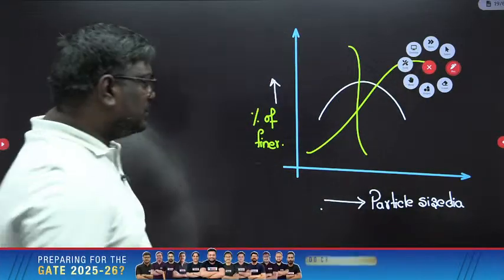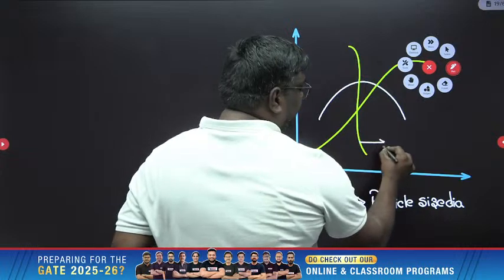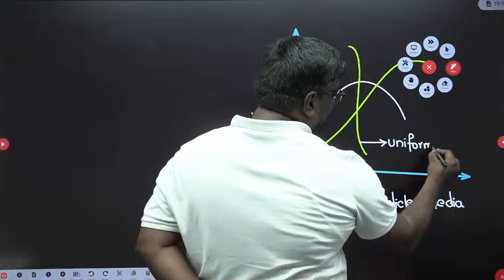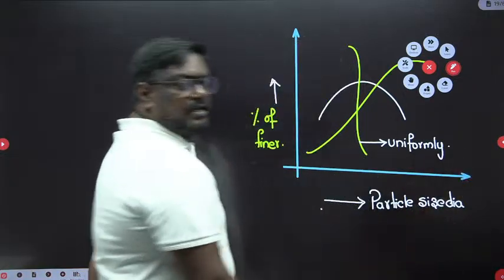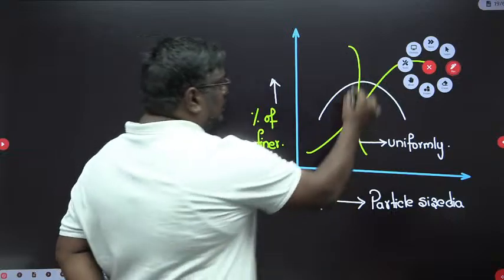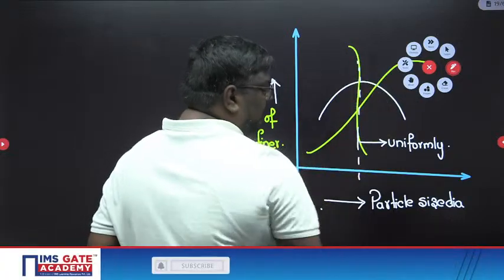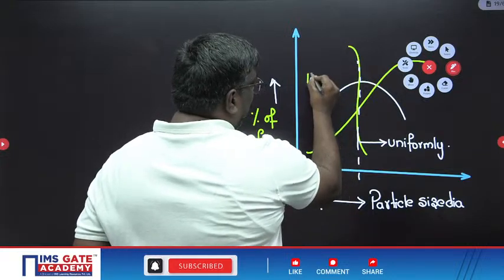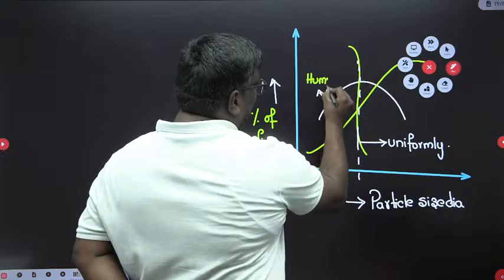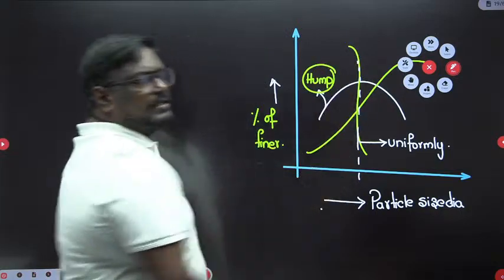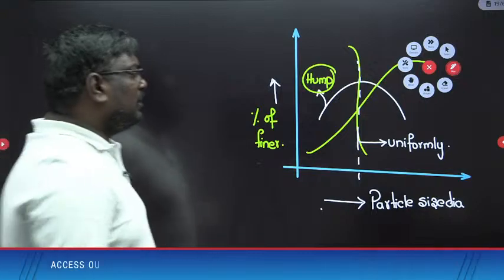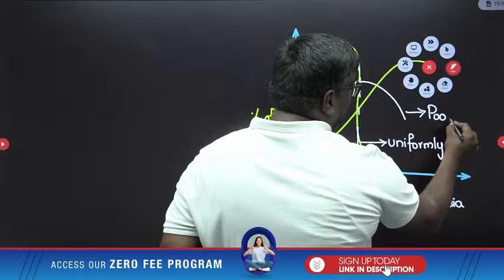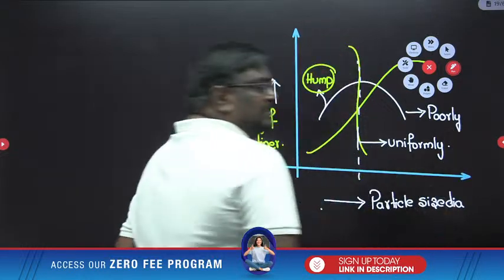This is called a uniformly graded soil. Why is it uniformly graded soil? Here all the soil particles are of the same size. This is called the hump shape. What do you mean by hump shape? Some particle sizes are missing, so we call this soil poorly graded soil. Poorly graded soil means some particle sizes are missing.